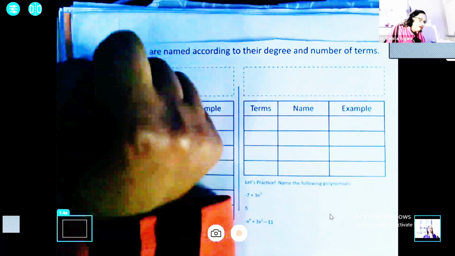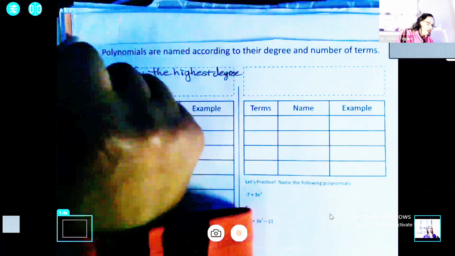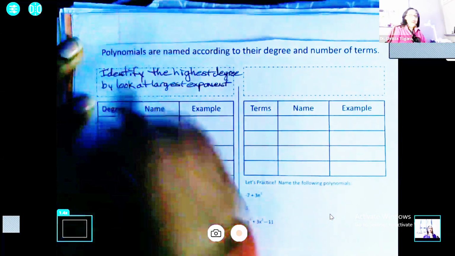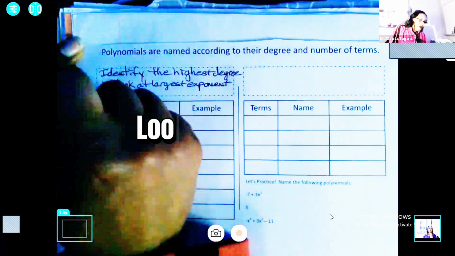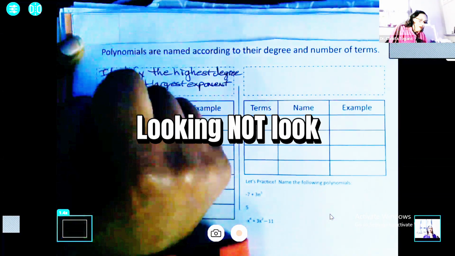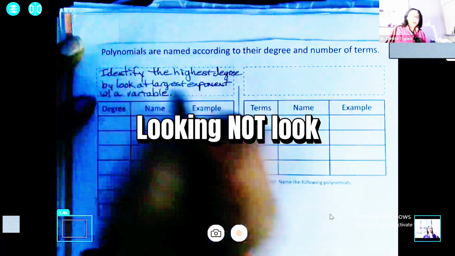So you identify the highest degree by looking at the largest exponent. And that exponent needs to be with a variable. I write kind of big, so. Okay.